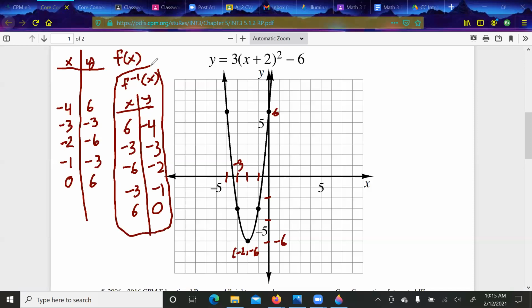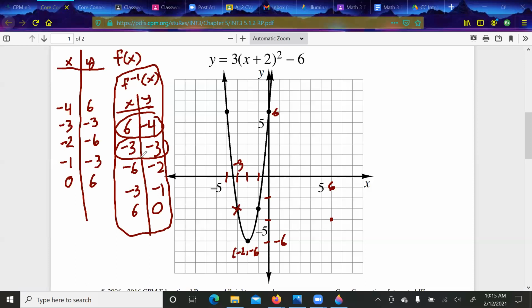All right, so let's graph these points and see what we get. So 6, -4, here's 6. -1, 2, 3, 4 is right here. That's that first point. Our second point is -3, -3. Okay. -3, -3 is going to be the same point right here.